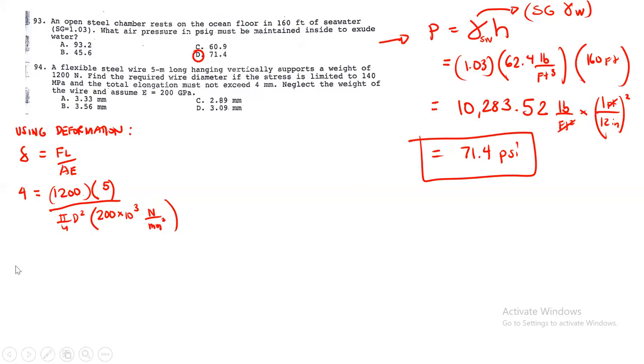So sulat pala natin yung mga units, no? So itong 4 is 4 mm, 1,200 Newton, at saka yung length is dapat 5,000 mm. So in terms of millimeters. So para makancel tong Newton, matitira dito is mm.